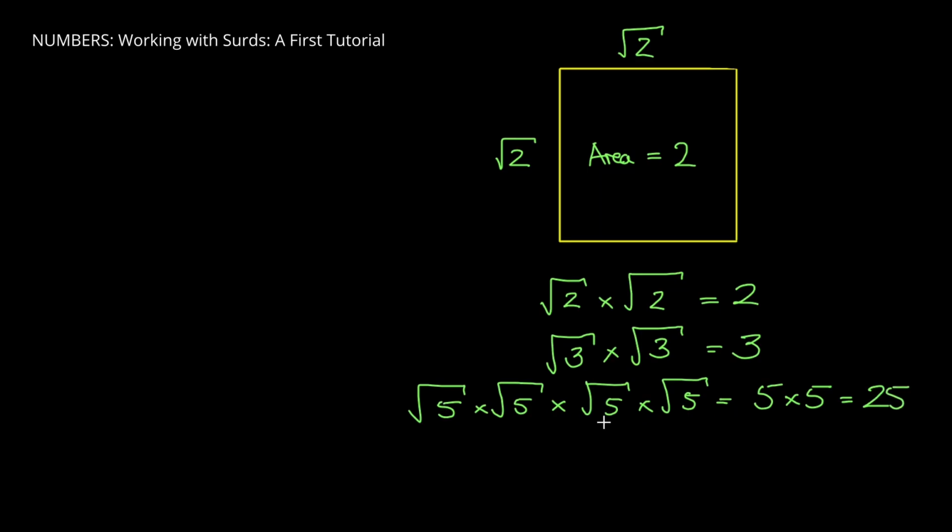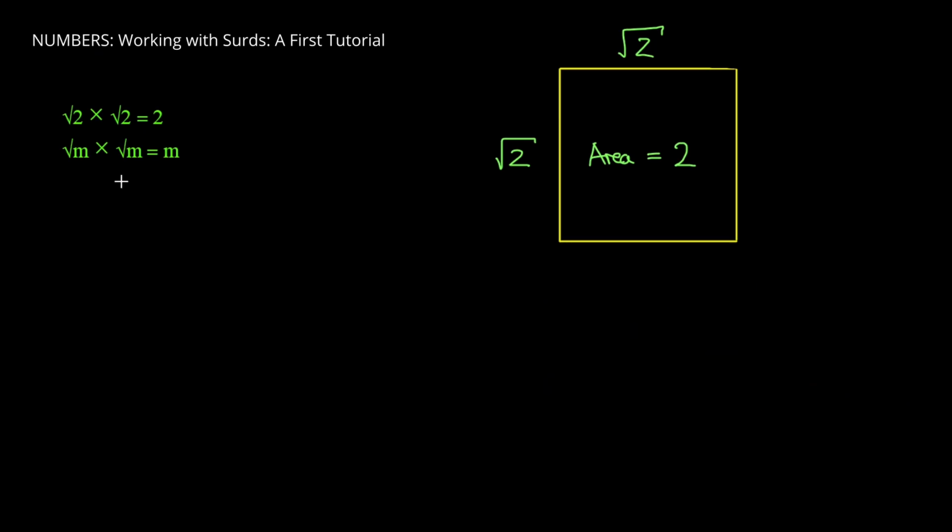So you can see how this is a great way of making surds disappear. If they will pair up with their equal partner, we can just say that's equal to the integer underneath the surd umbrella. So in the general case, the square root of m multiplied by the square root of m equals m. That's the most important rule to remember.